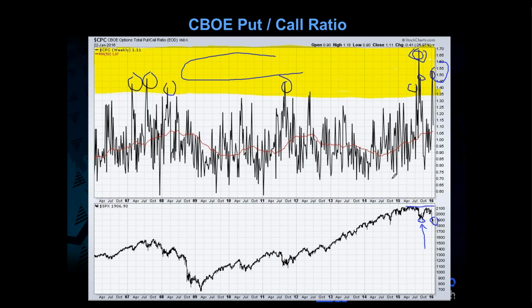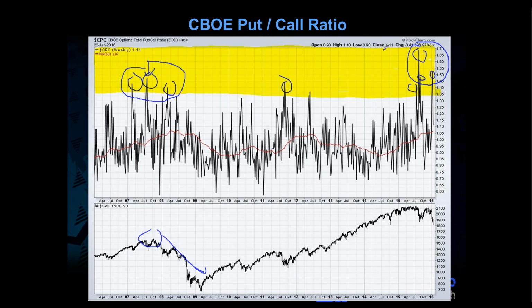The other thing I want to show you about this chart that I find very interesting is, look at how high we are right here over the past 6 months in these spikes. And then look back over here in 2008. You could see back here when we had the 2008-2009 crisis where we just gave it all up, the put call ratio never really got over 1.45, maybe 1.46, right in that area there.